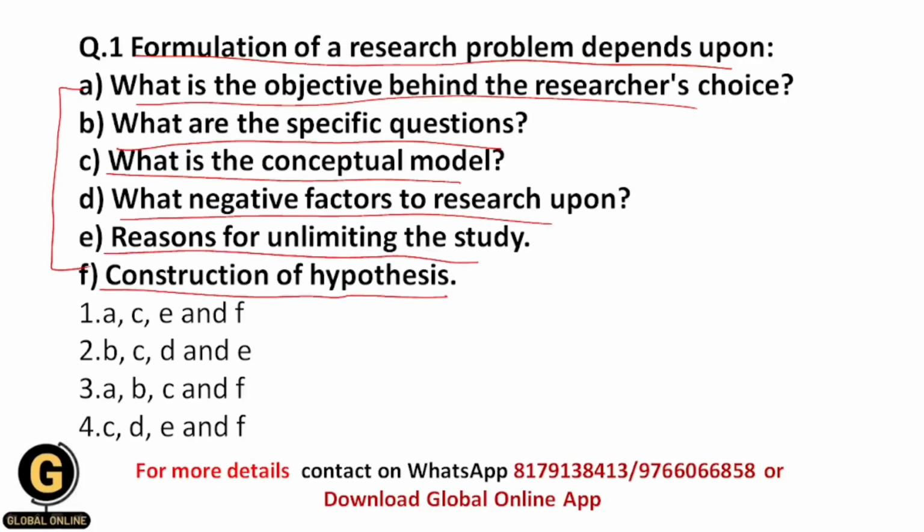We have seen in our earlier videos that a research problem is a statement of a question or difficulty, and we have to find out the solution to that question or difficulty. So whenever we are formulating a research problem, it depends upon the objective behind the researcher's choice. A clear problem statement that can easily define all of the objectives will be helpful for effective research.